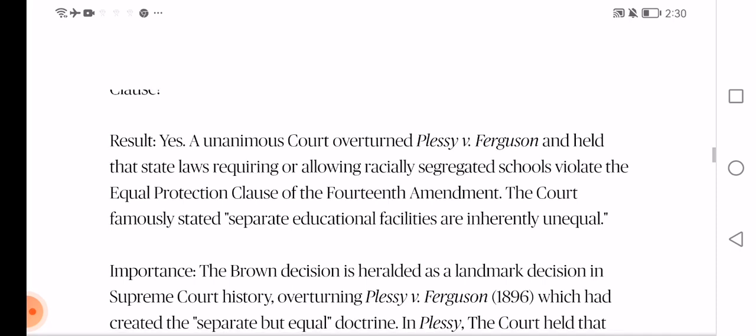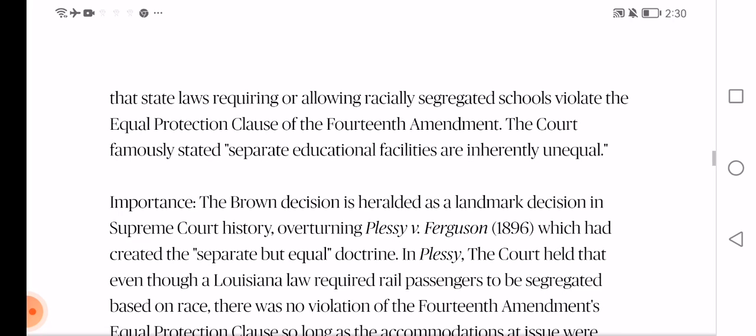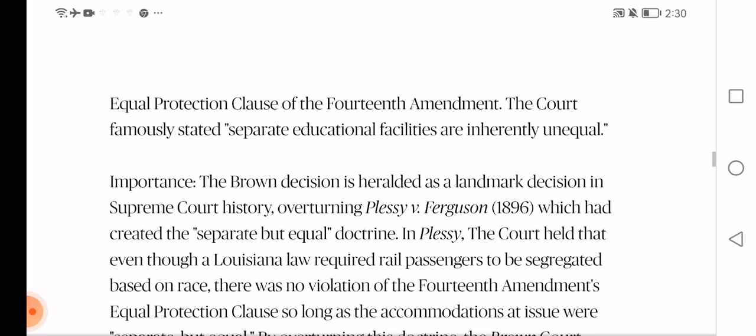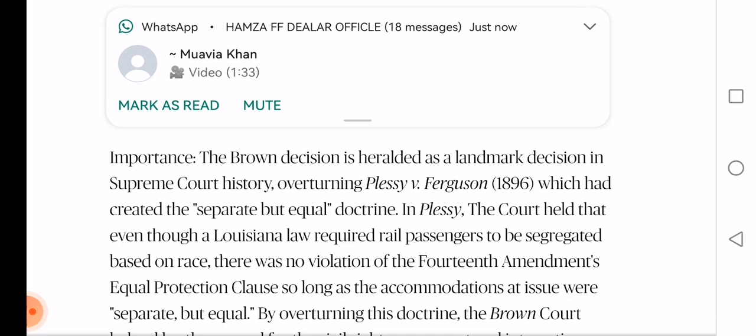Ferguson and held that state laws requiring or allowing racially segregated schools violate the Equal Protection Clause of the Fourteenth Amendment. The court famously stated that separate educational facilities are inherently unequal.